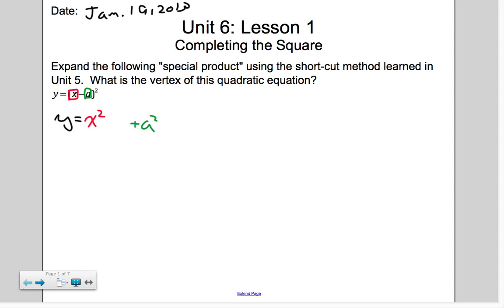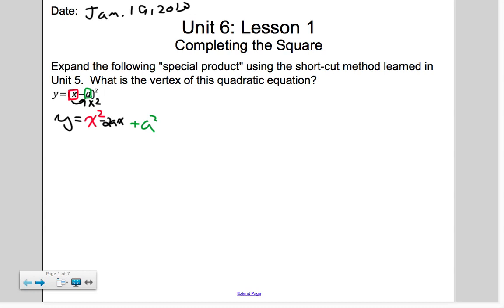And then I take those two things, multiply them together, and multiply by 2. So basically I get minus 2ax. Okay? You guys remember that shortcut? So that was a perfect square expanded, right?